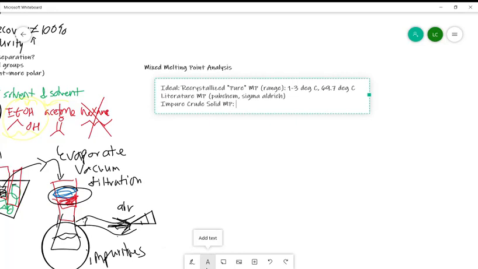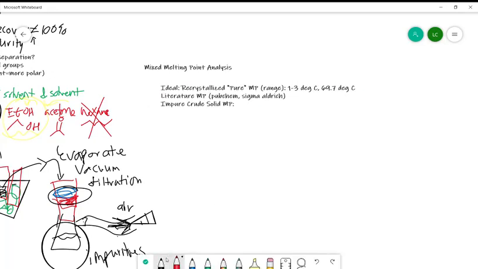Your impure crude one has impurities, and impurities are basically like disruptions. If you think of a crystal, they cause some disruptions in the network.